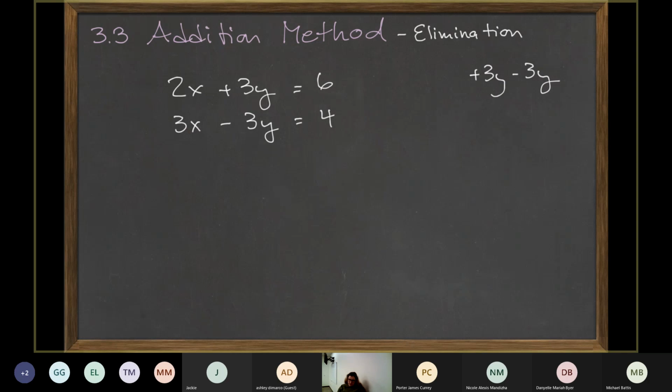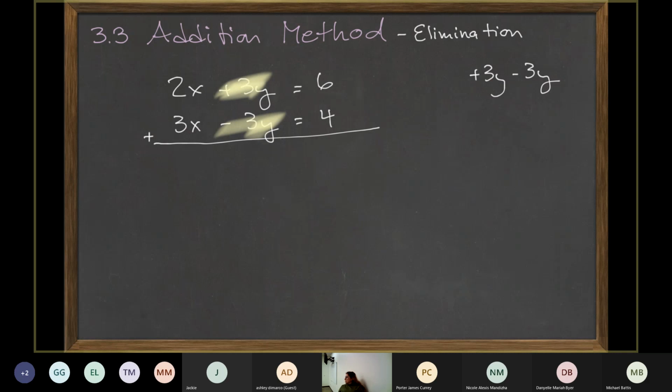You can clearly see that the y's are already opposite here. Plus 3y on top, minus 3y on the bottom. Life is good. There's really nothing to do with this problem. Nothing needs to be rearranged because now I can just put a line here, and that's where the addition name comes from.